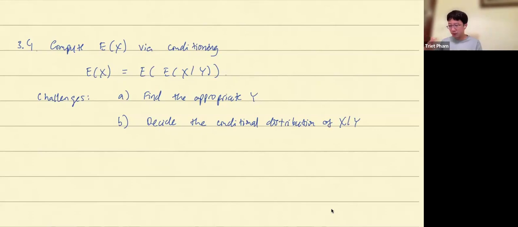And we've seen, or you've seen some of these in the previous sections, section 3.2, 3.3, where you were given some formulas, right? Like the discrete case and the continuous case with the conditional density formula.